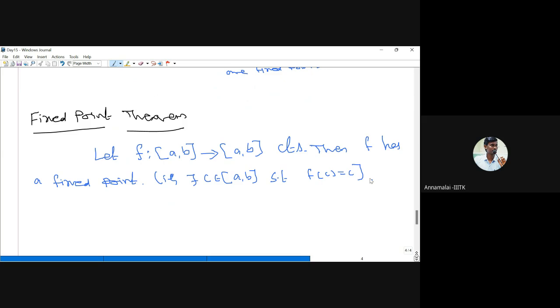We don't know how many fixed points there are, but this theorem says at least one fixed point should exist. There is also the Brouwer fixed point theorem and the contraction theorem. If the function is a contraction, then it has a unique fixed point, but the domain should be complete. Anyway, you all studied it in the functional analysis course.